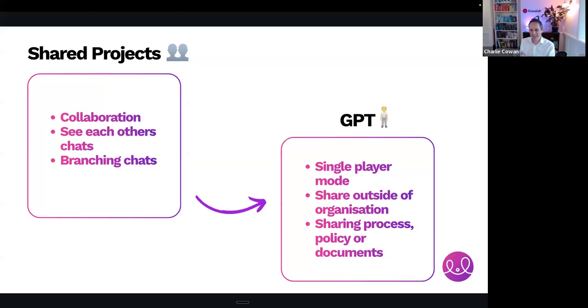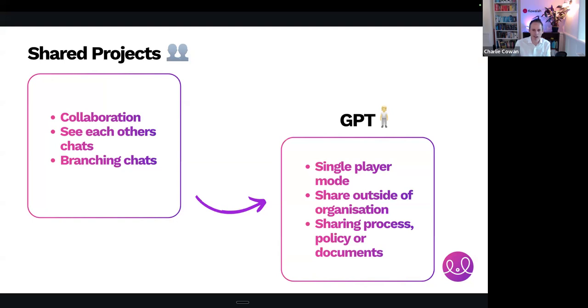A GPT is very similar in that you can share it with other people, but when you're using a GPT, you're very much in single player mode. Yes, you can use a GPT that someone else has created, but when you're chatting on your own, no one else can see your chats, and it's very much a single player.